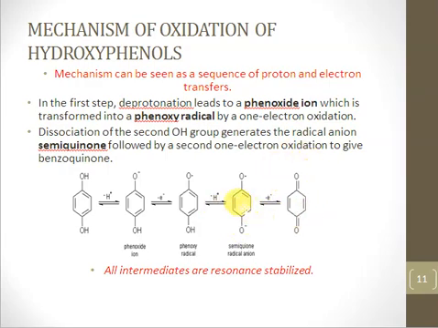Since it's halfway to the quinone and resembles it very much, it is known as semiquinone, and the semiquinone is basically a radical anion, right? The next step, we will again eliminate another electron from here, and as a result we will form the quinone.